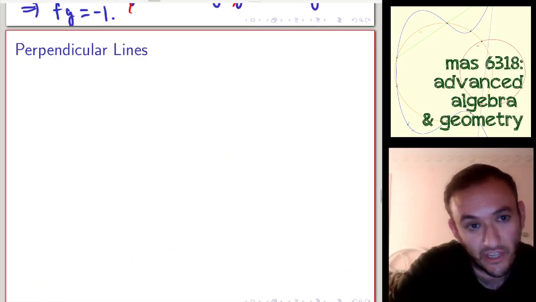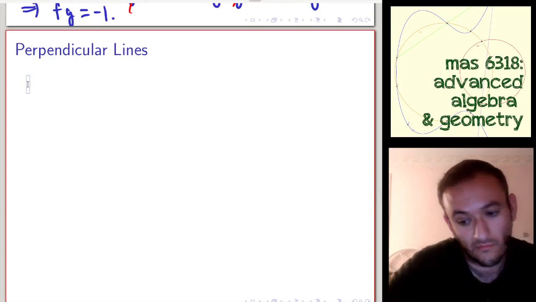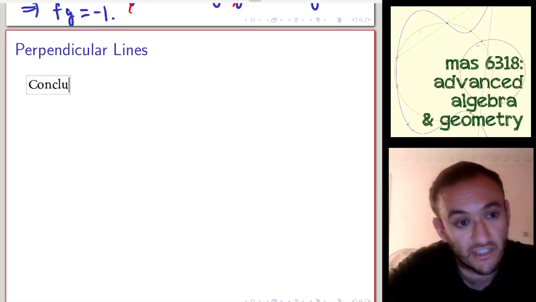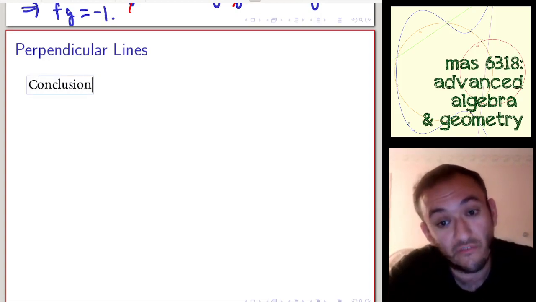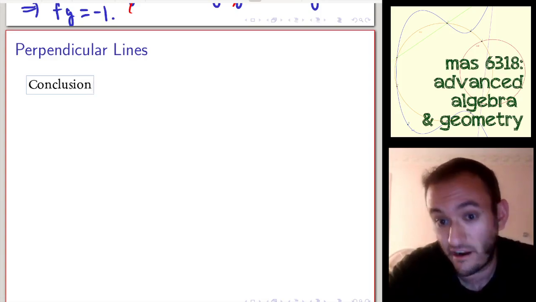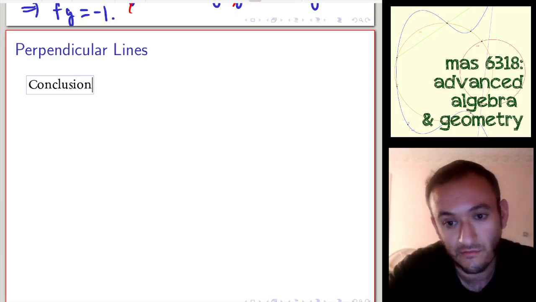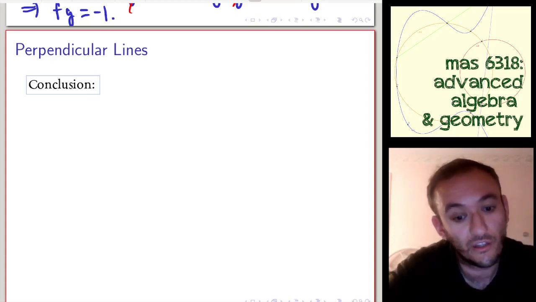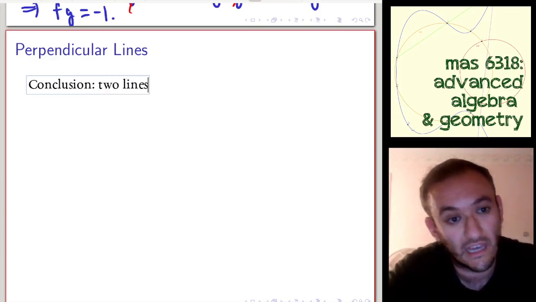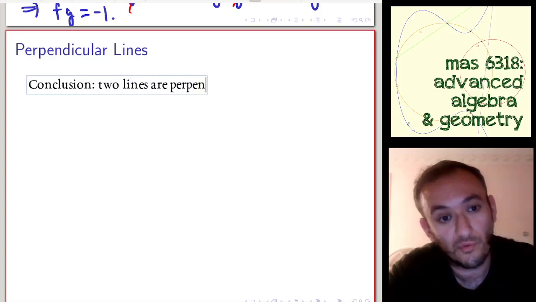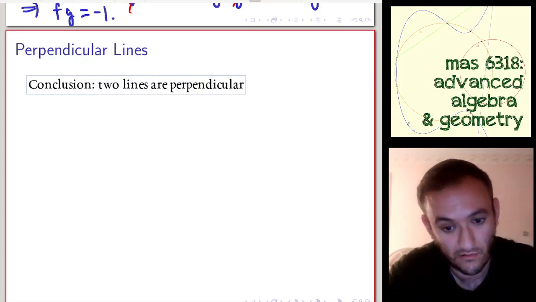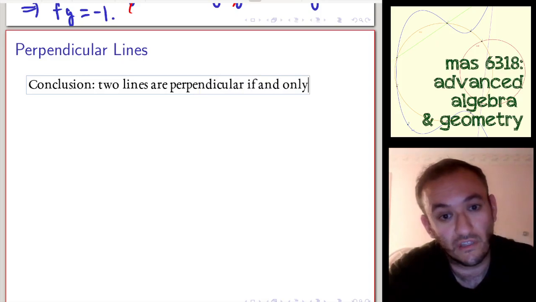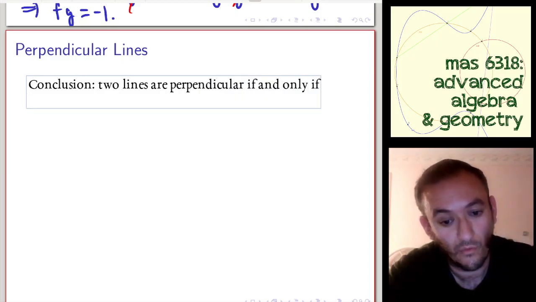And the conclusion from all of that calculation just now, again assuming very little except the Pythagorean theorem and the ability to describe lines using these equations, is that two lines are perpendicular if and only if one of two cases holds.